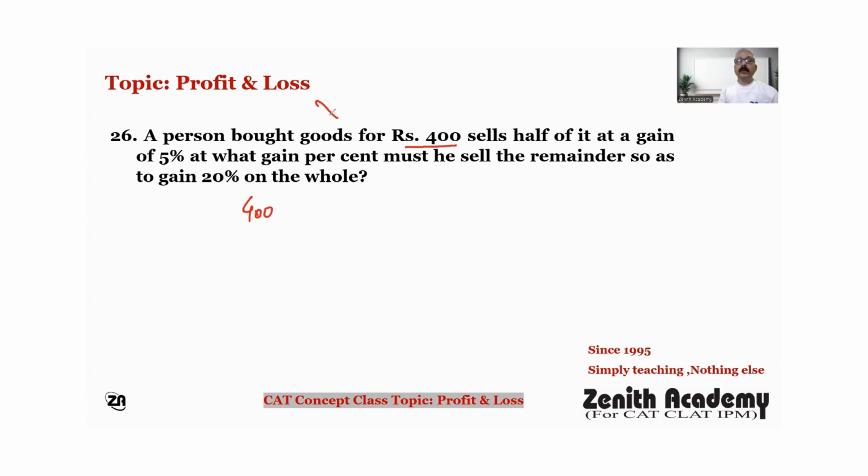तो 400 रुपए की गुड्स है उसके पास, उसने हाफ ऑफ इट, यानी हाफ कितना हो गया 200। 200 को उसने 5%, तो गेन कितना हो गया? 200 का 5% गेन हो गया 10 रुपीज। तो 200 रुपए पे 10 रुपीज का गेन हो गया। At what gain percent must he sell the remainder? रिमाइंडर कितना हुआ 200 का?